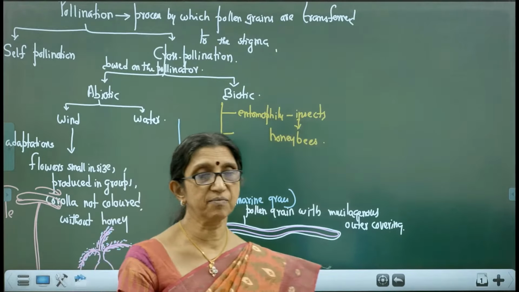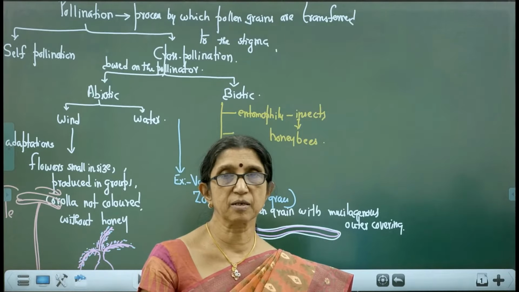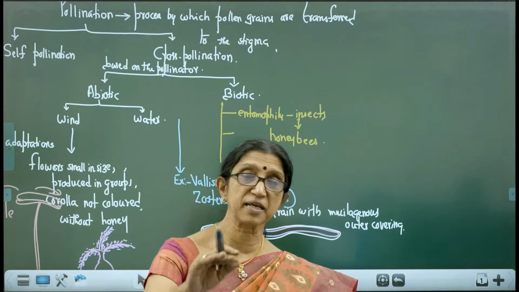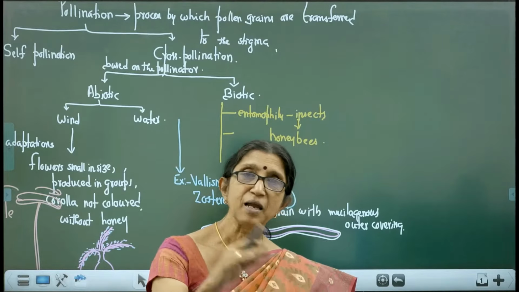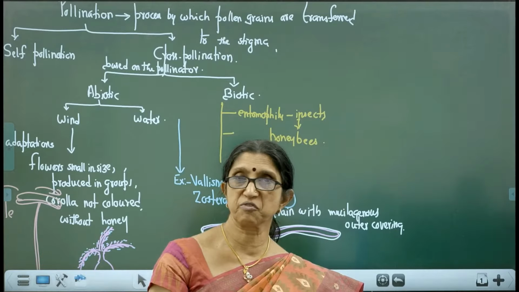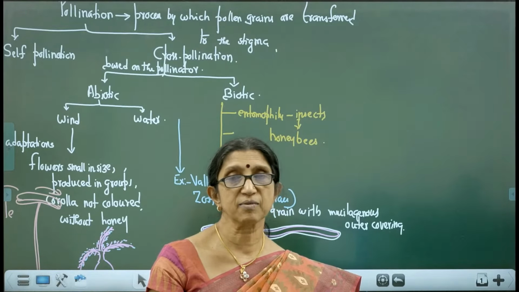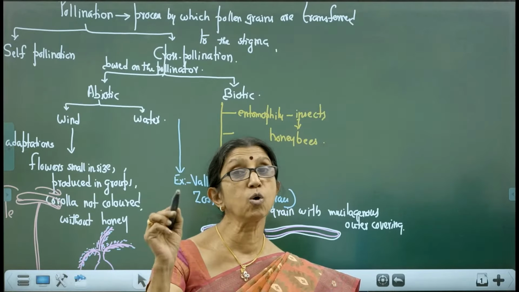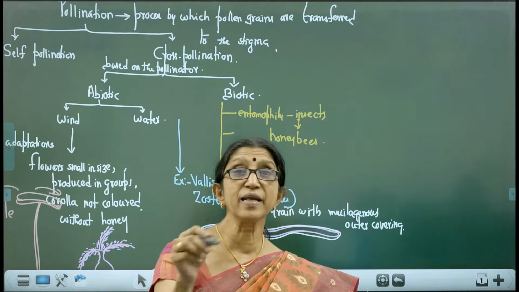Vallisneria is dioecious. We can see separate male and female plants. When the flowers mature in the male plants, they get detached and are taken to the surface of the water. We can see the male flowers floating on the water surface, and also pollen grains in the immediate water. When the female flowers mature, they have a long stalk, the pedicel, usually in a coiled condition.